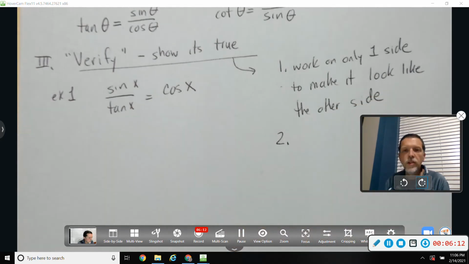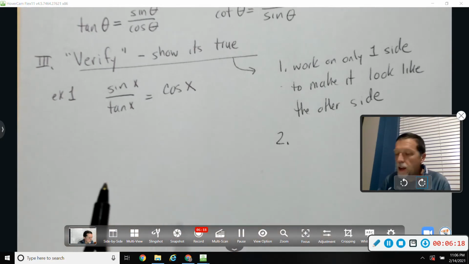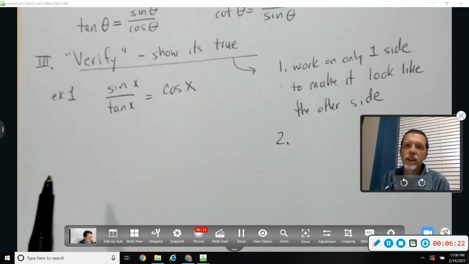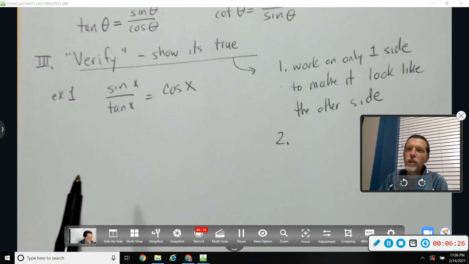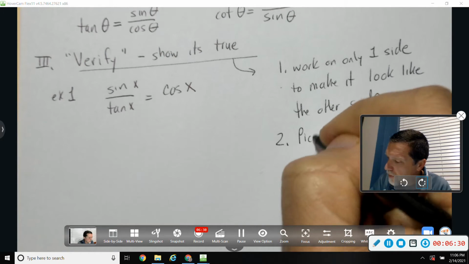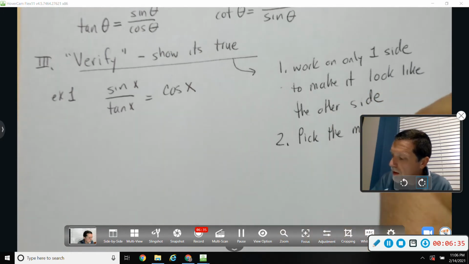Now the question then is, which side do I work on? Should I work on sine over tangent or should I work on cosine? The short answer is you could always work on either side. There's never a right or wrong choice. There's usually a better choice, and the better choice is to pick the most complicated side to work on.